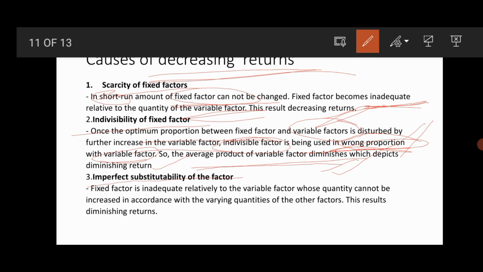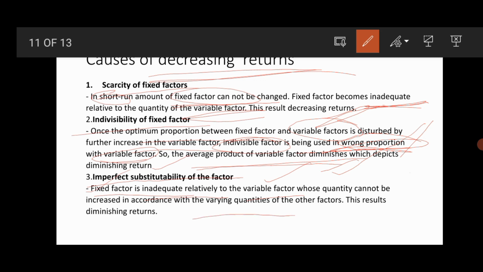Then, imperfect substitutability of the factors. The fixed factor is inadequate relative to the variable factors. Now they are employing more and more variable factors, and because of that the fixed factor becomes inadequate, and fixed factors cannot be increased in accordance with the varying quantities of the other factors.